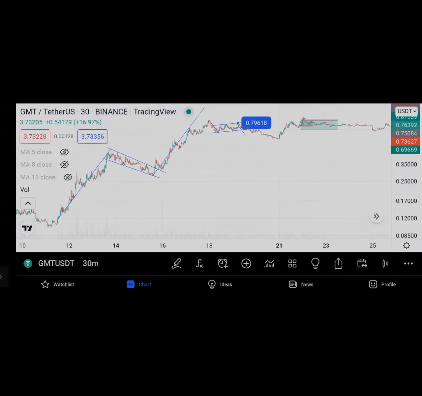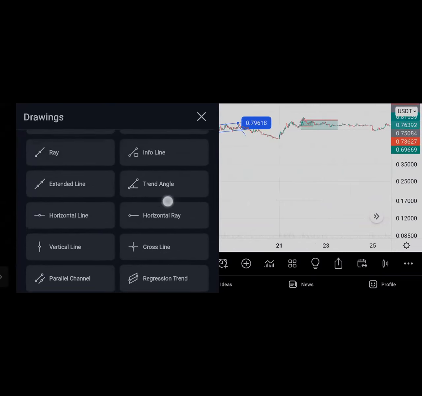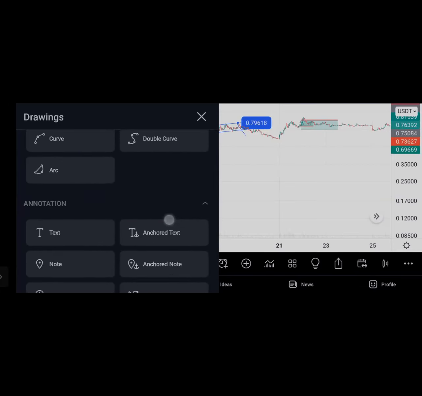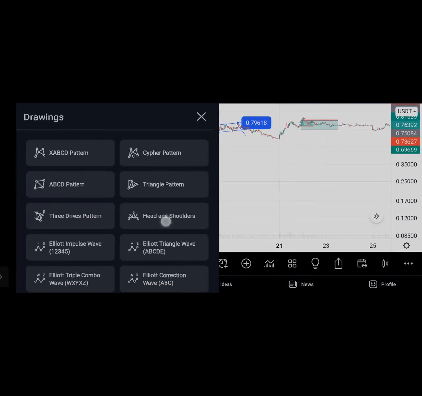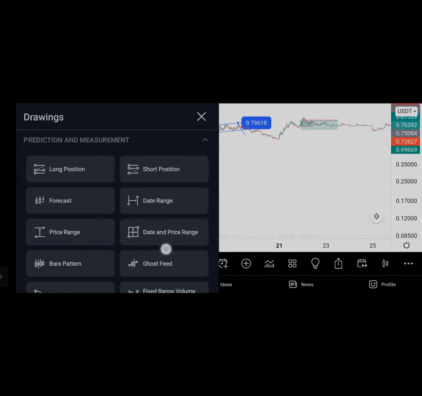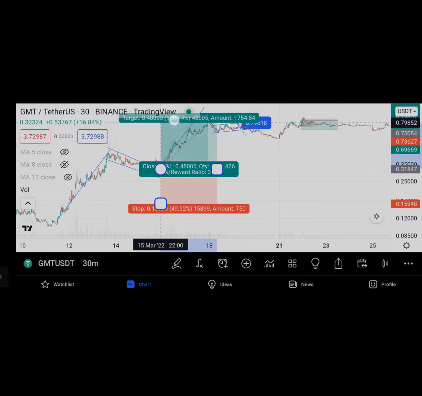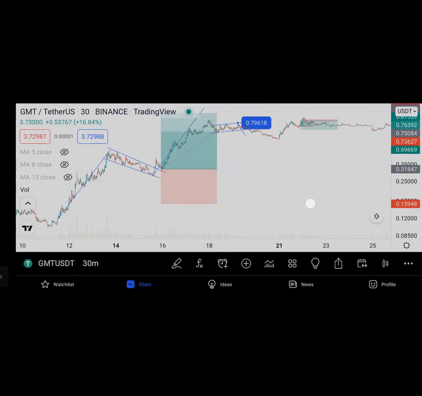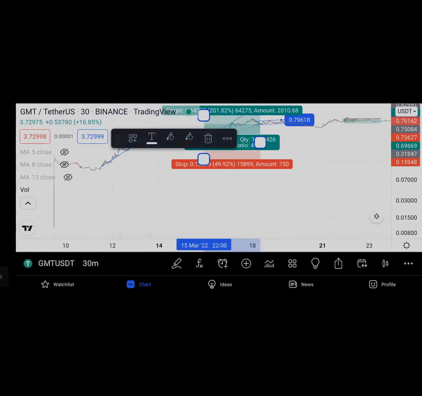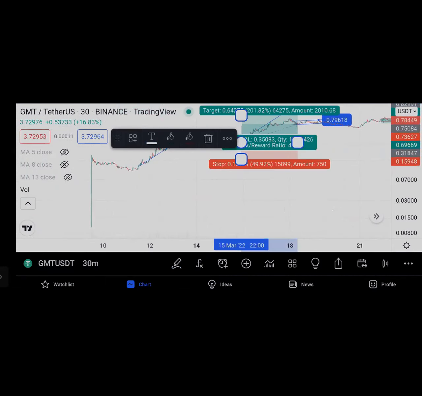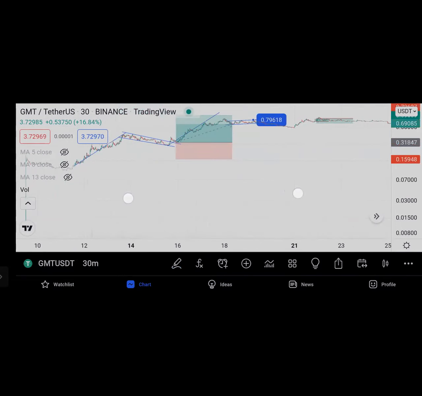Let me just measure the TP. Let me check how many percent it is. This is about 200%.